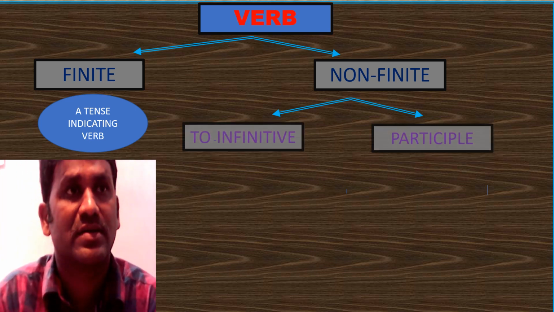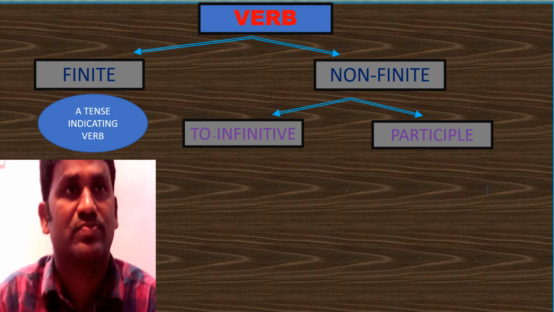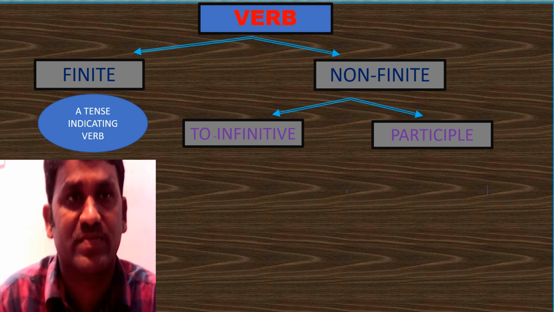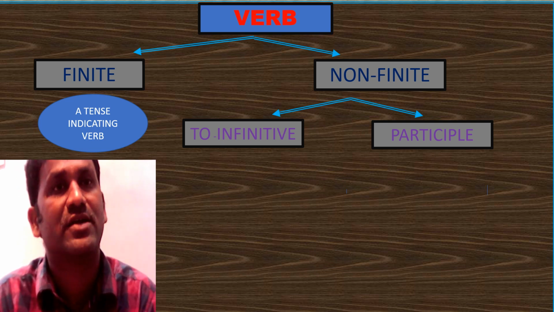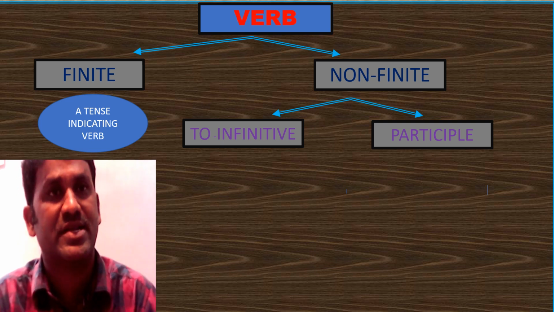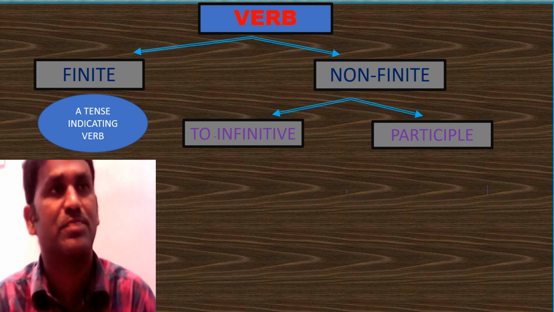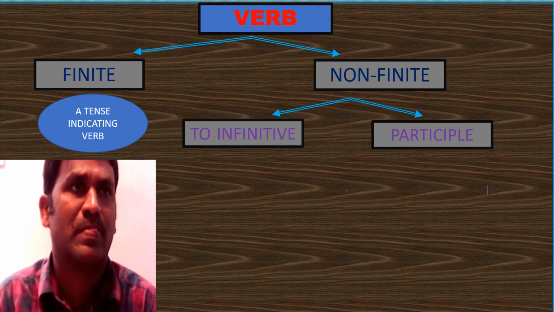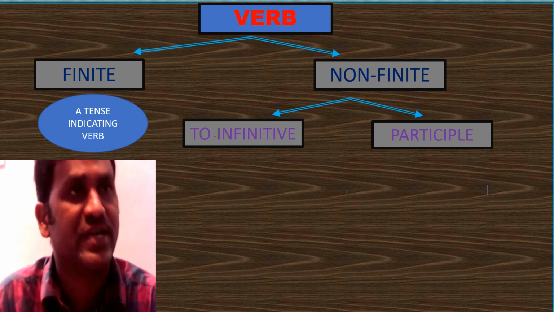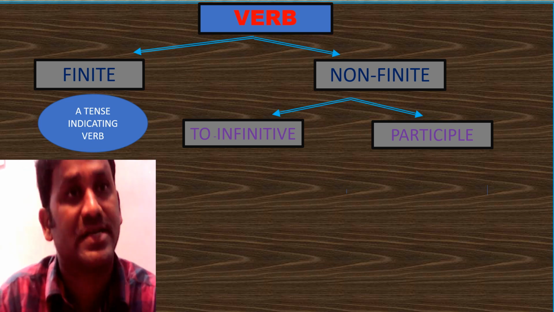They are called non-finite verbs. They seem to be verbs but they don't show any kind of tense. We cannot name it as simple present or simple past or future simple or continuous tense. They are divided into two. One is to infinitive and the other one is participle.